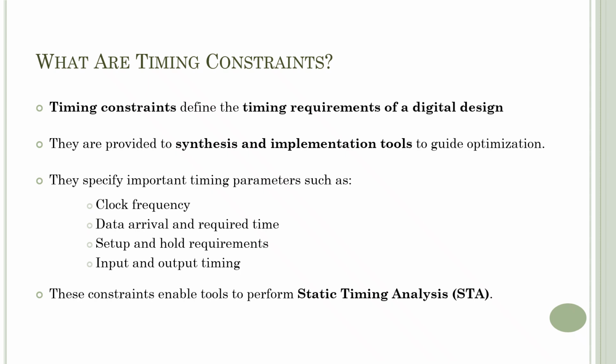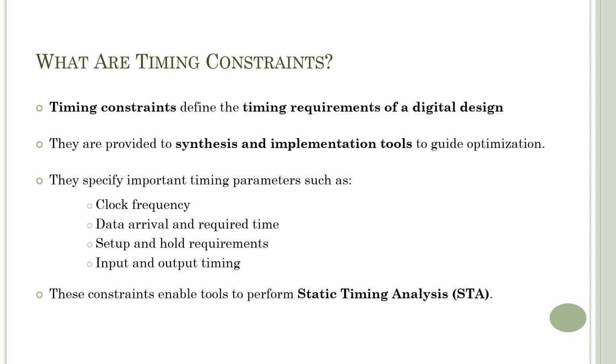Now, let's understand what timing constraints are and why they are important in digital design. Timing constraints are basically rules or specifications that define the timing requirements of a digital circuit. When we design a system in RTL, the code only describes the functional behavior of a circuit. However, the design also needs to meet certain timing requirements to operate correctly in real hardware.